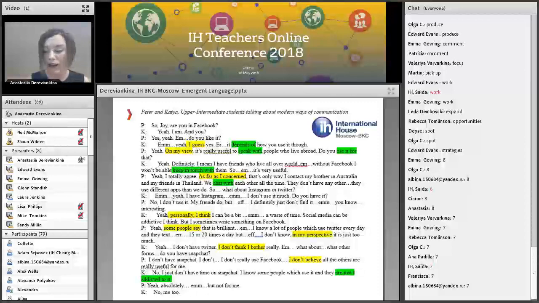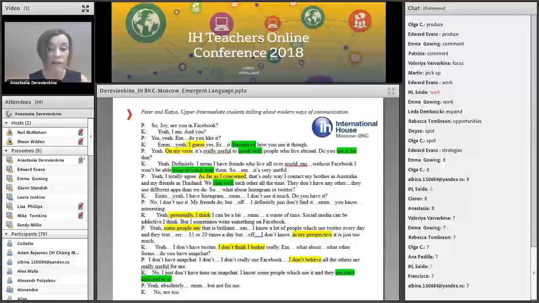So the reason why I decided to pick up on the opinion phrases is that at that time, it was the lesson after we had discovered this topic. We were talking about different ways we could express our opinion. And during the conversation, I noticed that my students did their best in trying to use these expressions, but not all of them, and they made a couple of mistakes, so I decided to focus on them.